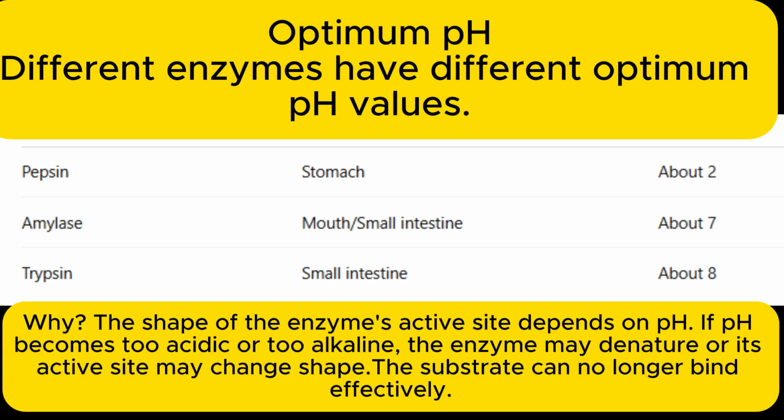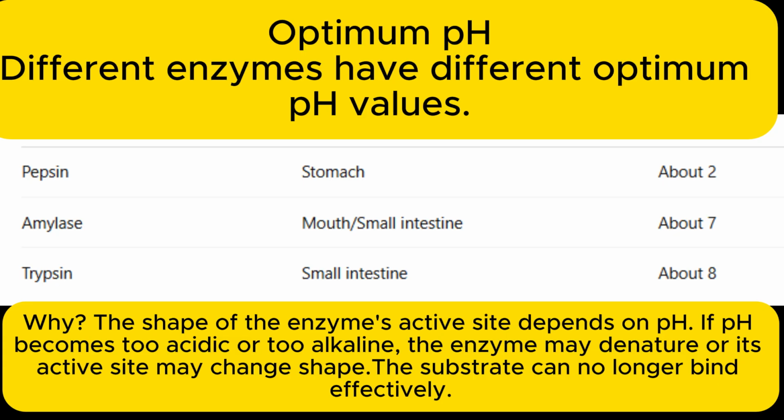Why is it necessary? The shape of an enzyme's active site depends on pH. If pH becomes too acidic or too alkaline, the enzyme may denature or its active site may change shape. The substrate can no longer bind effectively.